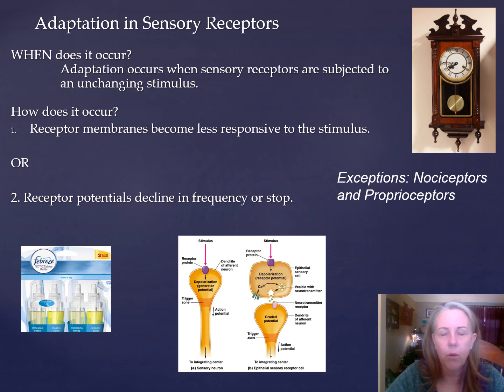You have perception of where your head is in relation to your torso. You have perception of where your knee is in relation to your elbow. Okay? So if you open your eyes and grab your pen or pencil and go to write your name on your paper, you could even close your eyes. You guys are so good at this. You could close your eyes and even write your name.